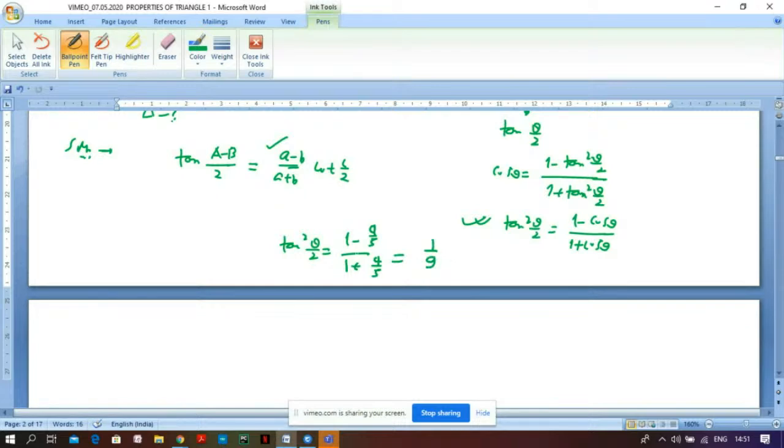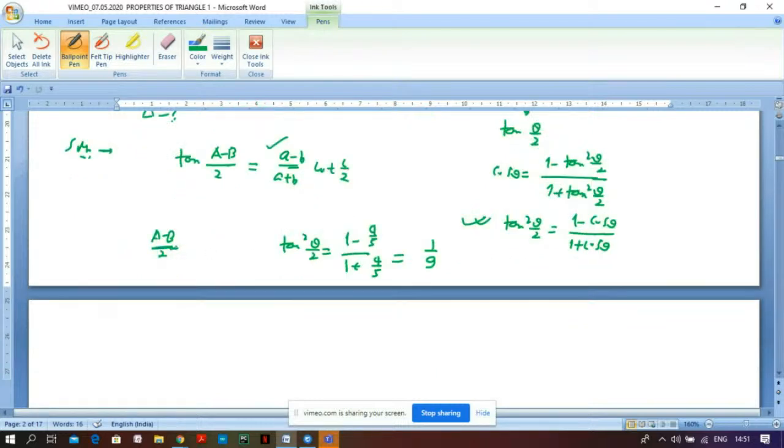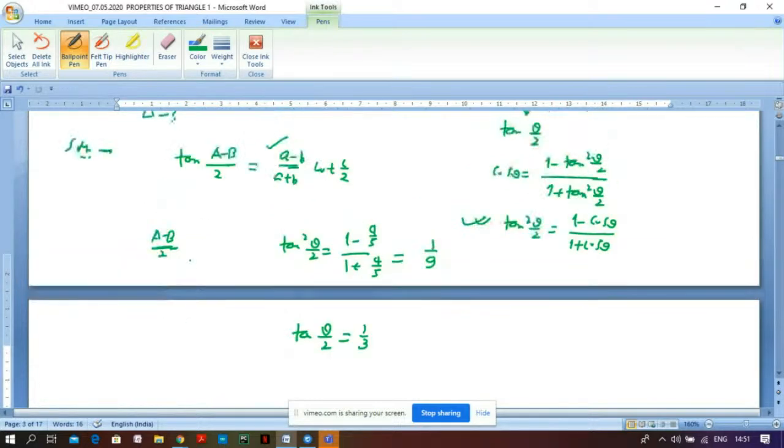And because (A minus B) by 2, this angle is of course positive and less than 90, I will select the positive sign. So tan theta over 2 is 1 over 3, and so we get this answer is 1 over 3.